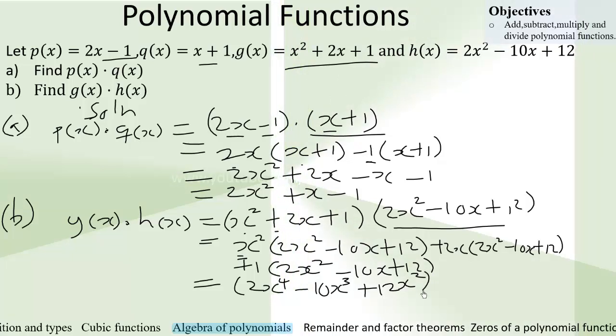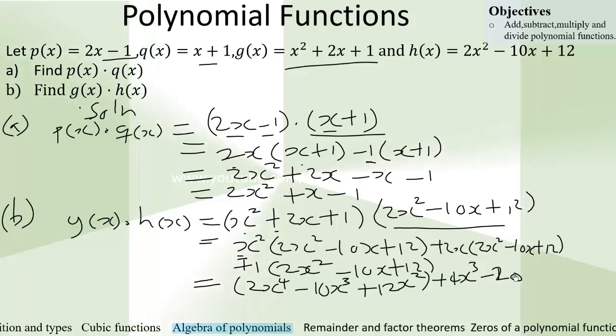Then we come here, 2x times 2x squared will be 4x cubed. So plus 4x cubed. Then 2x times negative 10x is minus 20x squared. And 2x times 12 will be plus 24x.